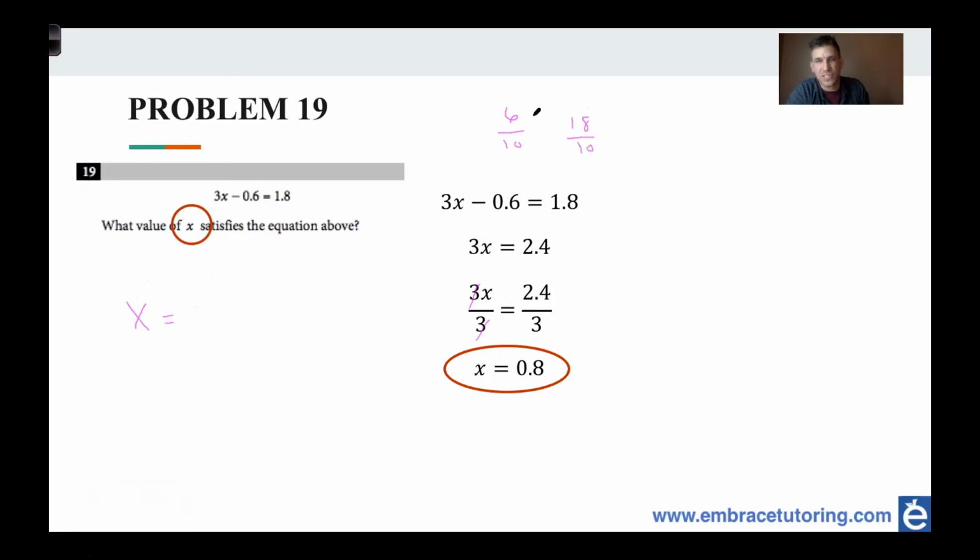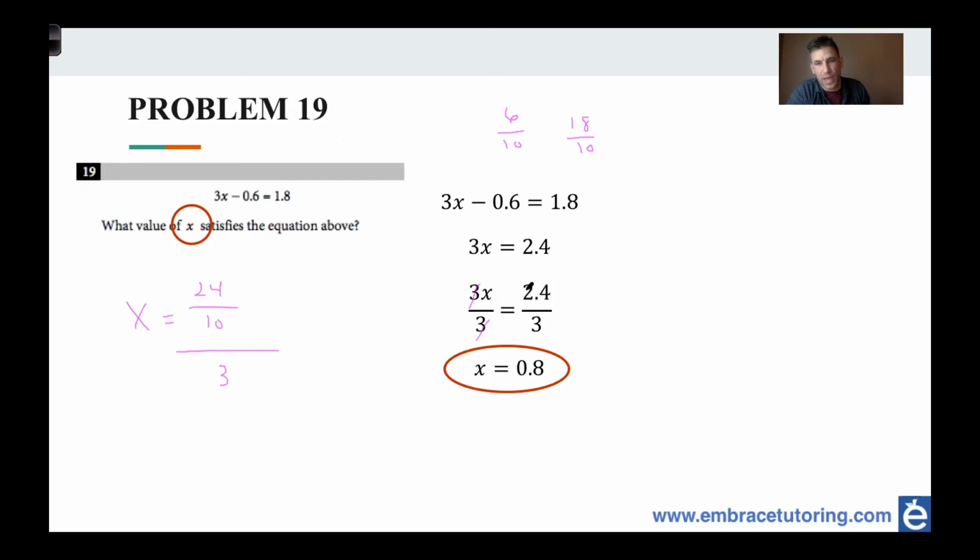So if you think of these as putting them over 10, it will make it a little bit easier if you like fractions better. And so here, let's say 2.4, I'm going to do 24 over 10, and then this is divided by 3.